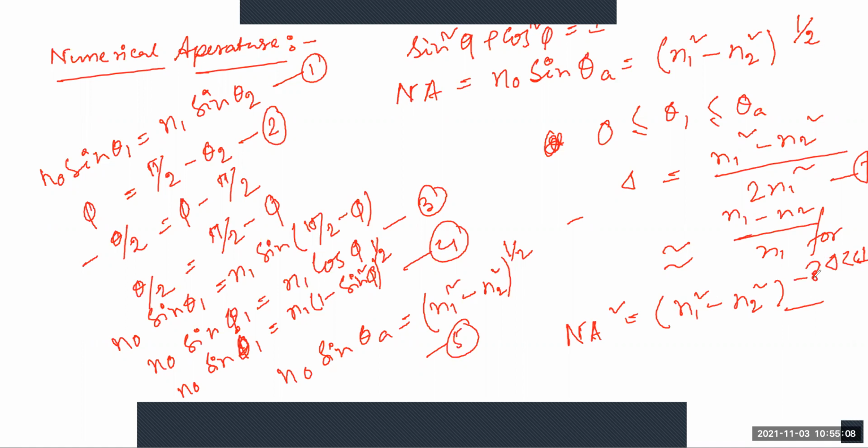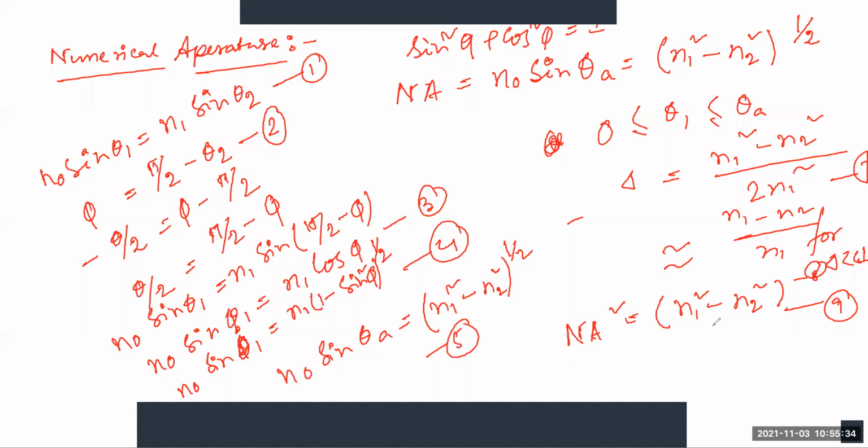Okay, this is equation number 8, and this is equation number 9. So if we combine equation number 7, that is del equals n1 square minus n2 square by 2n square, and equation number 9, that is capital N square equals n1 square minus n2 square.